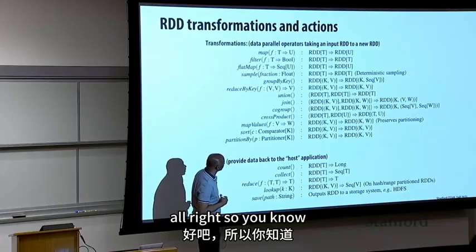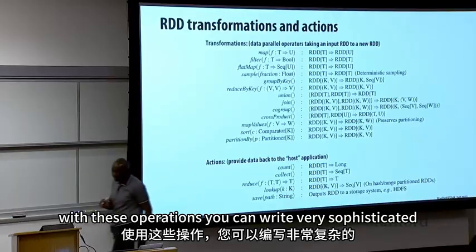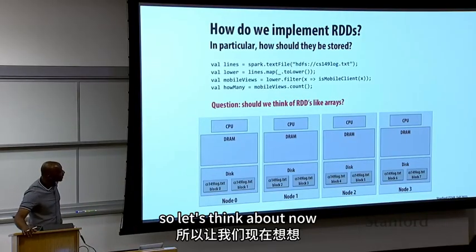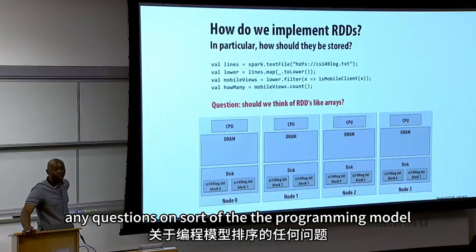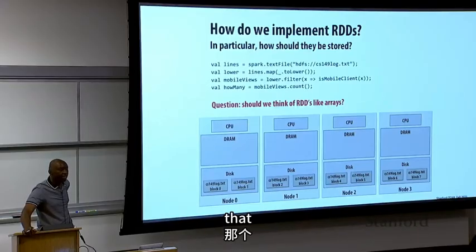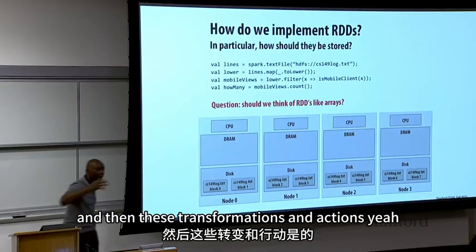All right, so with these operations, you can write very sophisticated applications. So any questions on the programming model and abstraction that Spark presents? It's the notion of the RDD and then these transformations and actions.